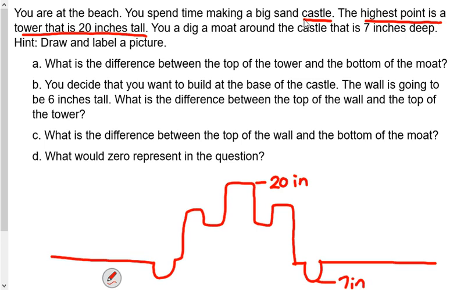And technically, if you think about it, that's really 7 inches below sea level. So this right here is sea level, or really that's the sand level. Maybe sand level is probably a better way to say that.